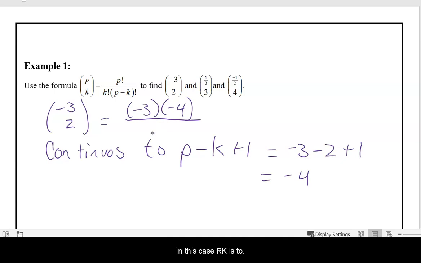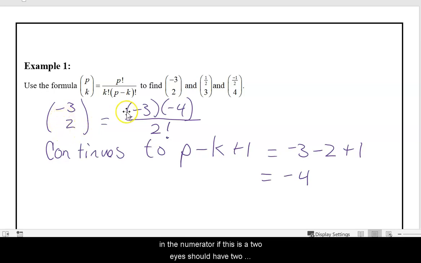In this case, our k is 2, so I divide by 2 factorial. Now notice that in the formula for p choose k, the bottom number here will always be a whole number, since it will be the value in the summation notation itself. It also always tells me exactly how many factors should be in the numerator.